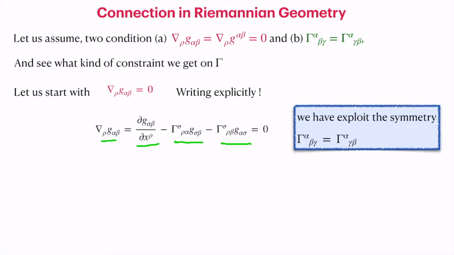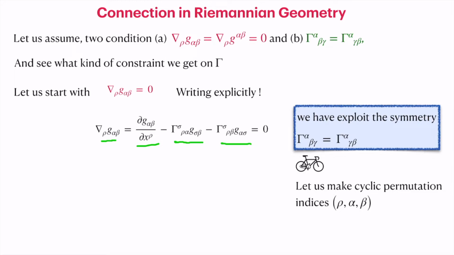Now we can explicitly use the symmetry of the lower two indices of the connection coefficient. The way to use it is that we use something called the cyclic permutation of these indices. These indices are only namesake, because this identity is valid irrespective of what you call these indices. So we cyclically change rho to alpha, alpha to beta, and beta to rho.